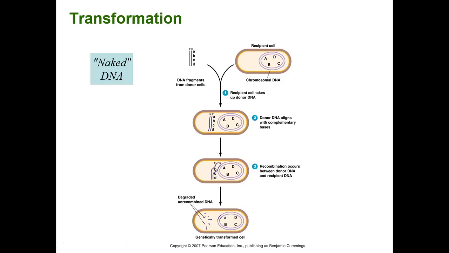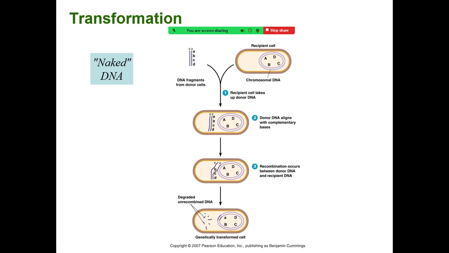And the frequency of mutation causing that gene would be 1 in 10 to the 6th, meaning 1 out of 1,000,000 cells would be mutated, causing, let's say this is a gene for ampicillin resistance.